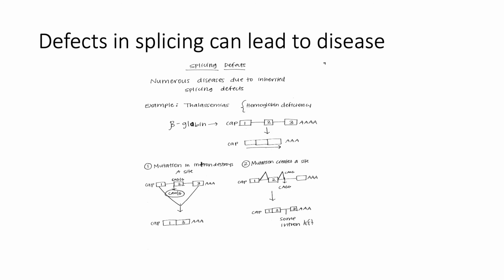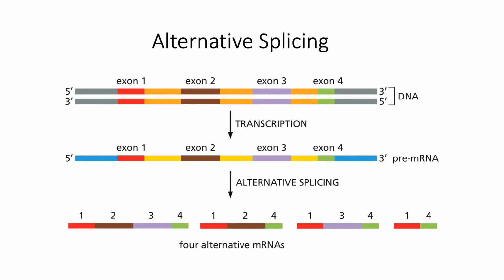Now I want to go on to another property of splicing, and that is what's called alternative splicing. Alternative splicing is where not all exons are used under all conditions. So this is showing DNA here up at the top. It's showing the exon 1, exon 2, exon 3, exon 4, different colors.